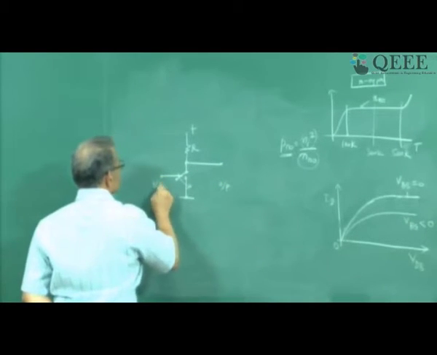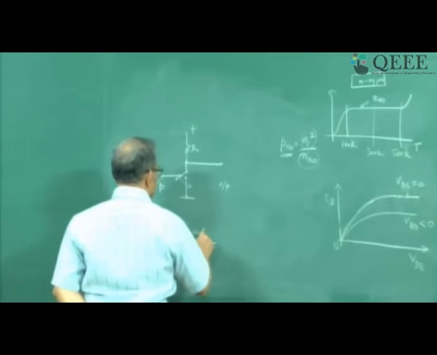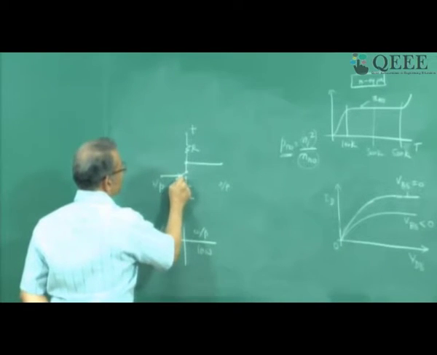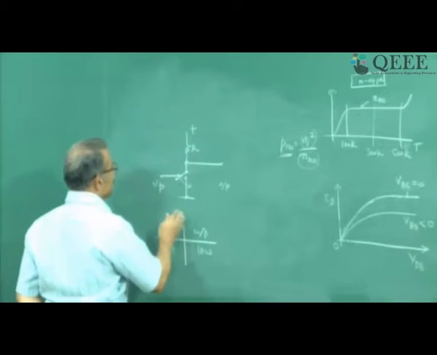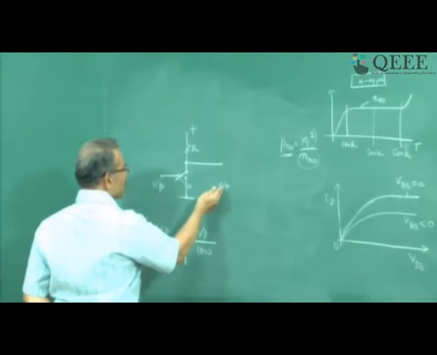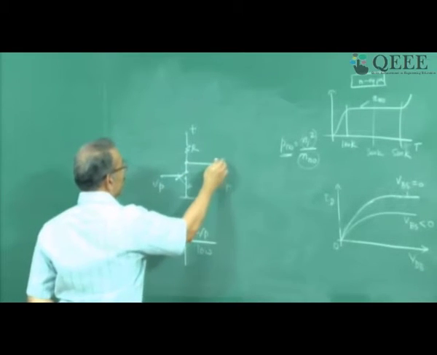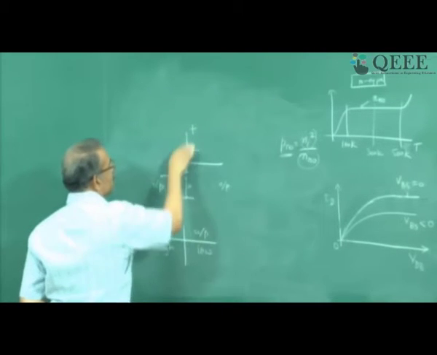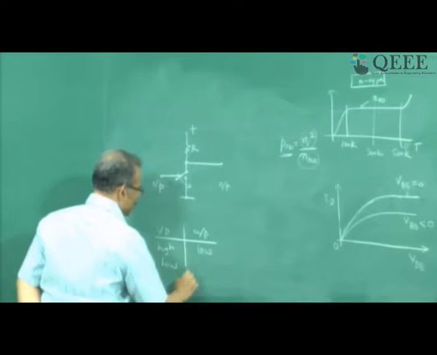If input is low, then the switch is off, and output will go to the supply voltage. Output will be high.